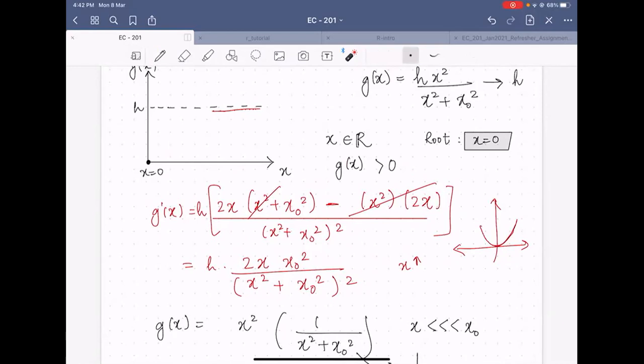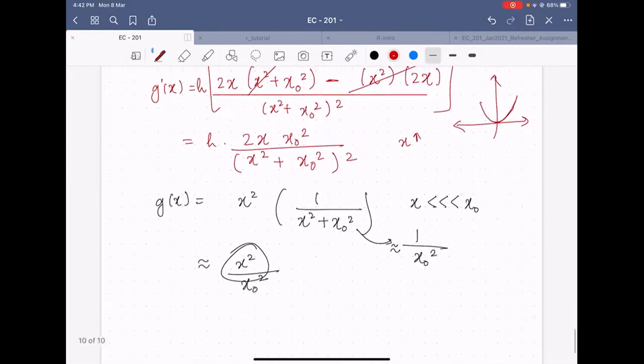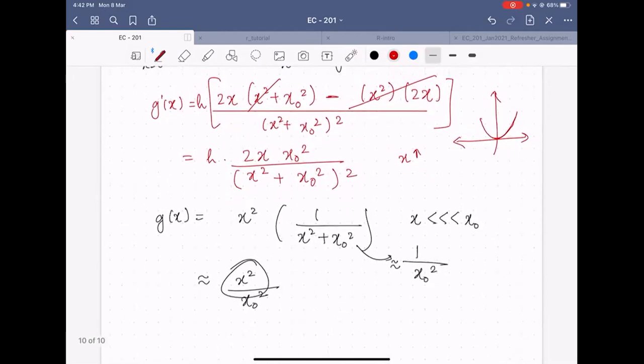For very small values of x, the graph would look something like this. But soon my x would increase and become greater and greater, and I can no more take this approximation.